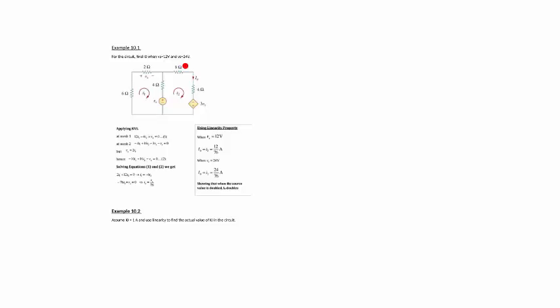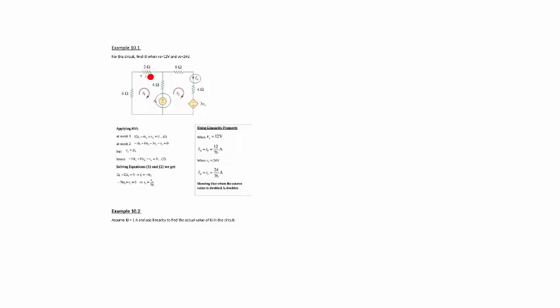So what this example is asking is, if our Vs is 12 volts, what is our expected value of I0? And note, we also have a dependent source, which depends on the voltage across the 2 ohm resistor.